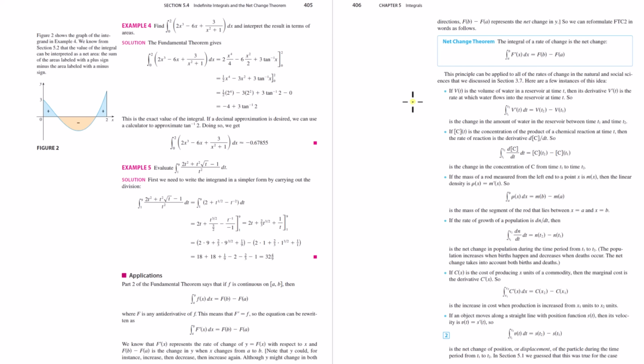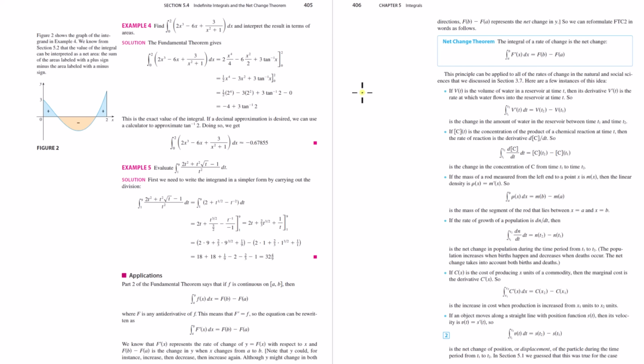You evaluate the definite integral of that rate of change function over an interval. Then that definite integral is equal to the net change in that quantity over the same interval.